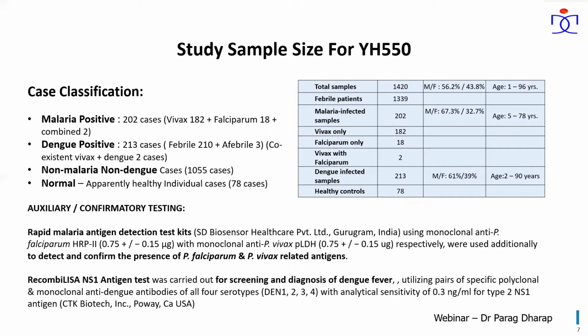As I have told you, auxiliary testing with the help of rapid malarial antigen detection test and NS1 antigen test was carried out for screening and diagnosis of dengue fever in all these samples. The table on the right hand side shows you the number of cases as well as gender distribution and age distribution.